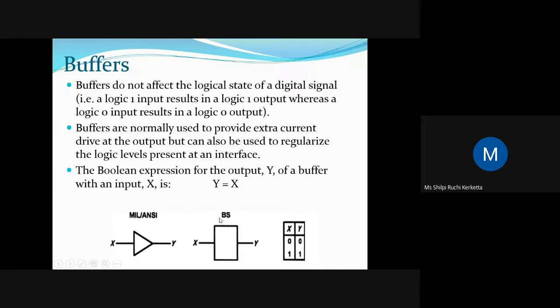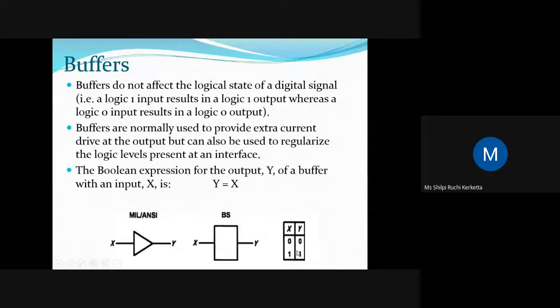This logic is also called Boolean algebra. So this is the truth table. x is the input and y is the output. If we give input as 0, we get output as 0, and if we give input as 1, we get output y also as 1.